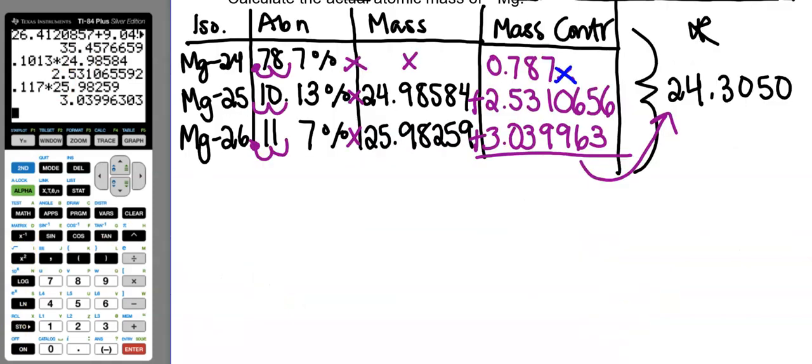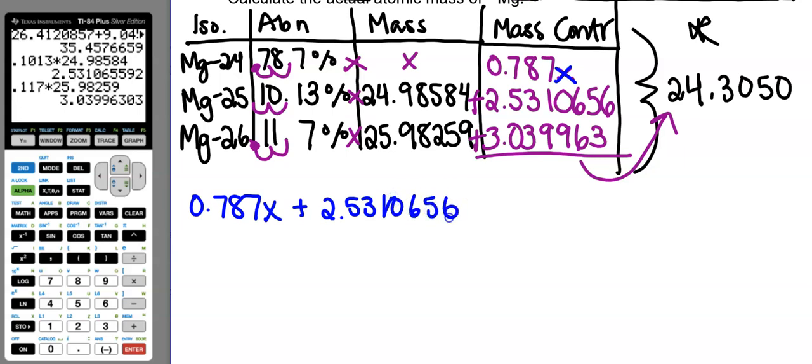Okay, now that we have some room, let's set up our algebra problem. Alright, so we have 0.787x plus 2.5310656 plus 3.039963.